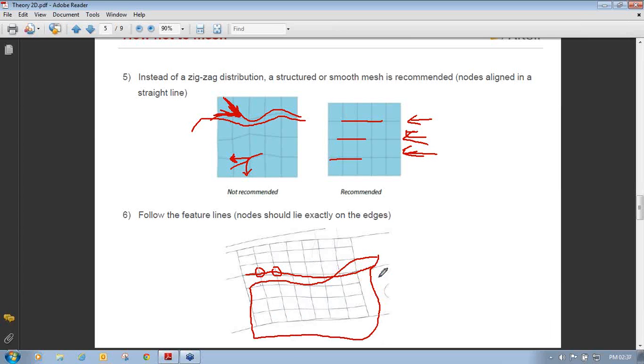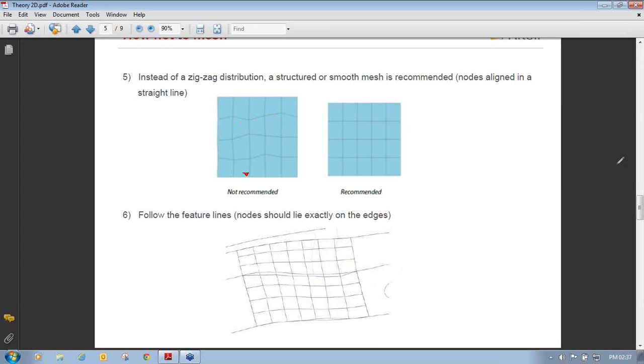If the dimensions of the geometry get changed even by 0.1 mm, the results may vary by a drastic percentage. So to avoid such failures or errors, always try to follow the feature lines given from the geometry.